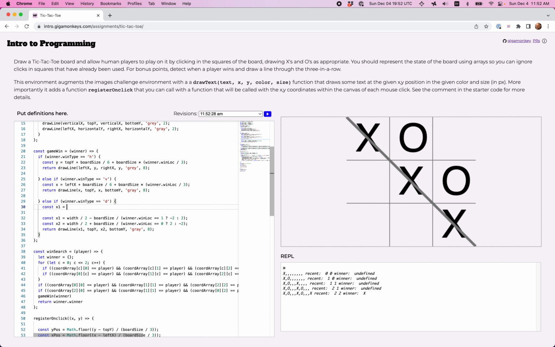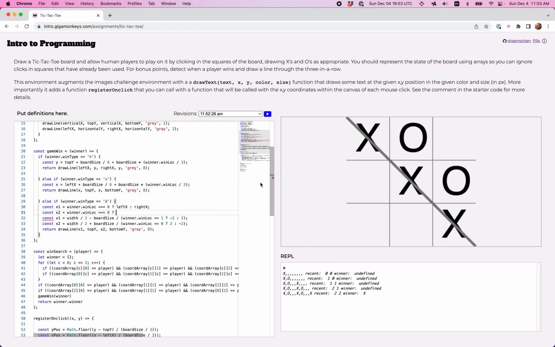So const x1, our first x, if it's the 0th winner location, copy that, then it's just left x. Otherwise, I think it's right x. And then by the same token, win loc equals 0.